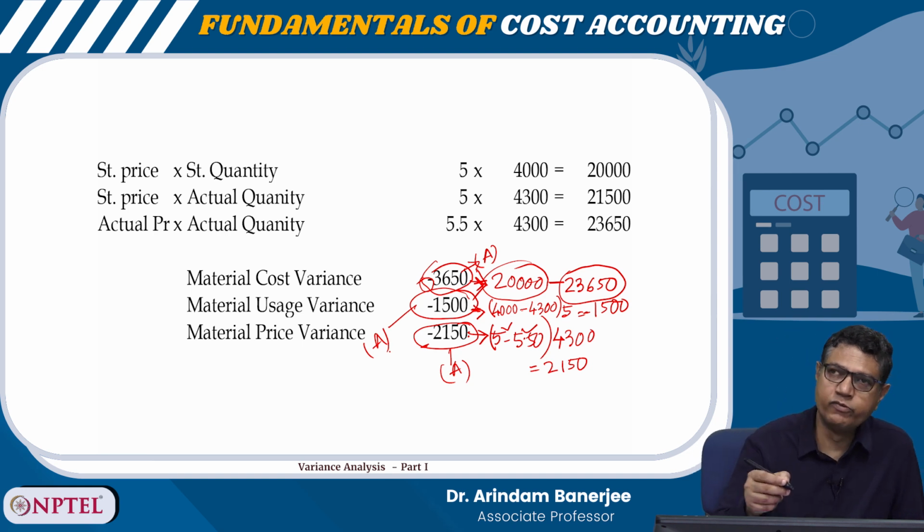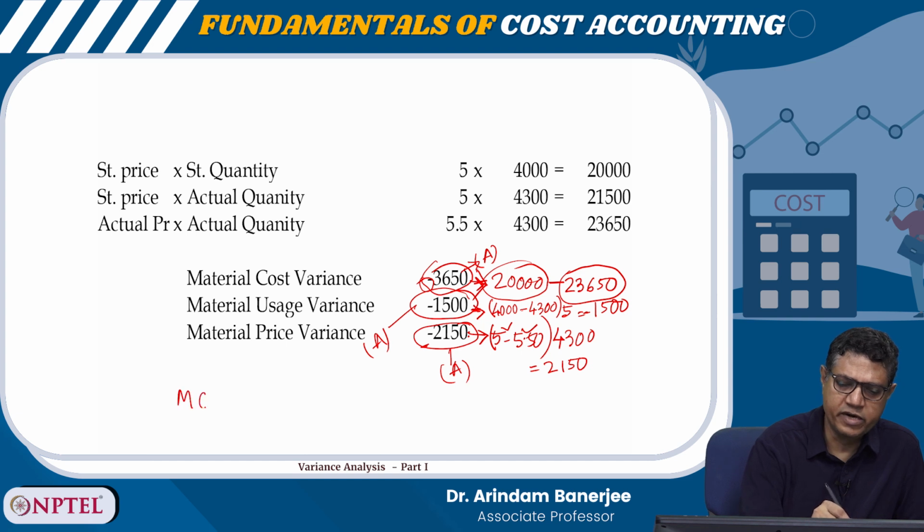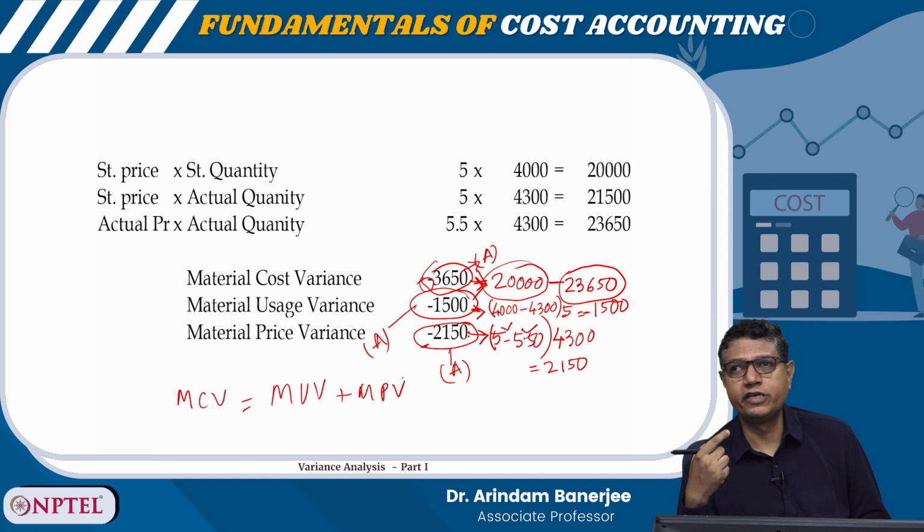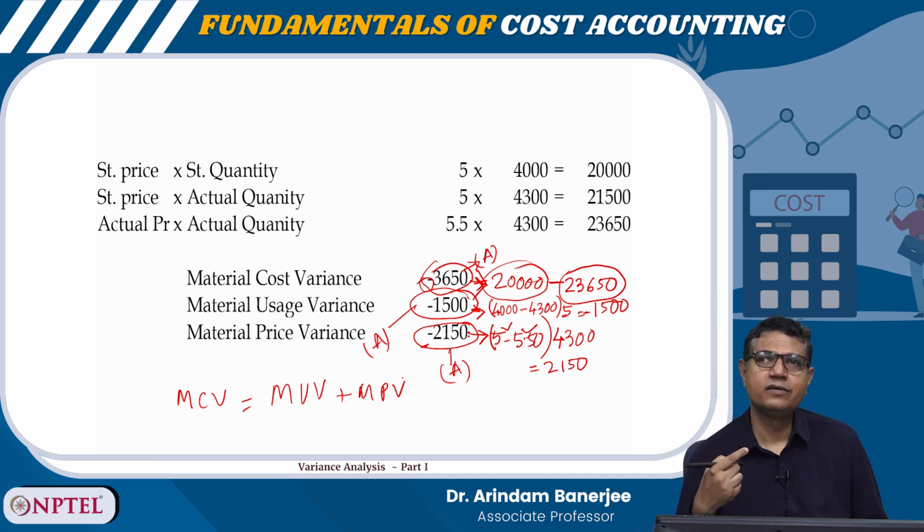Now you see, one thing you may observe here is that MCV, material cost variance, is equal to material usage variance plus material price variance. So you can check whether your calculations are going correctly.